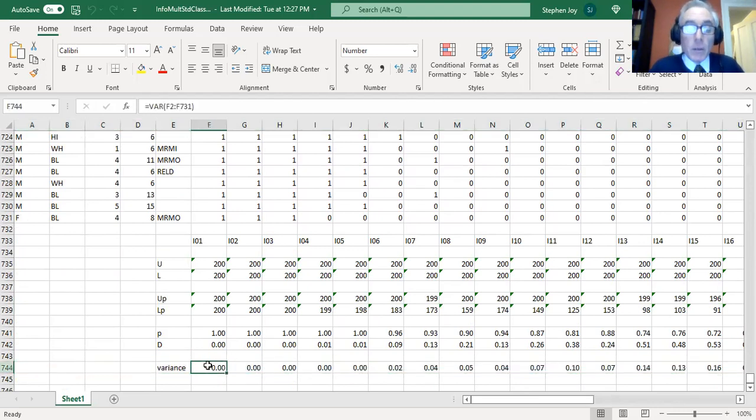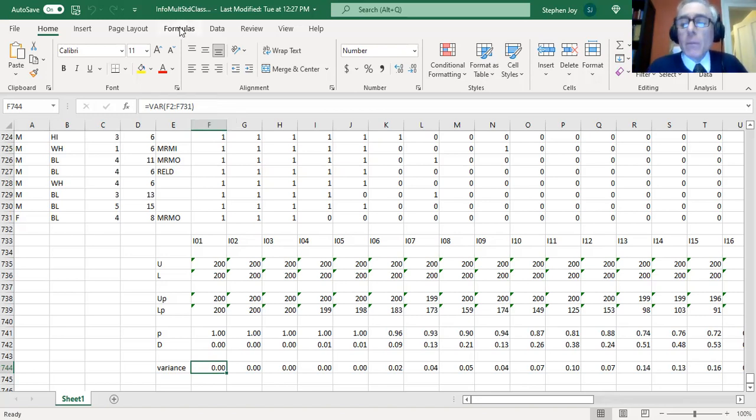And what I've entered into this first cell is the equation =VAR, which is the Excel way of saying variance, open parentheses, from F2, the first row where you had data, down to F731, the very last one, close parentheses, and there you go.